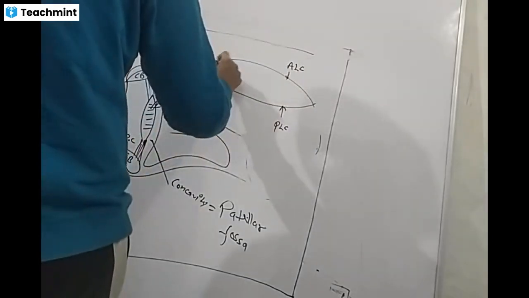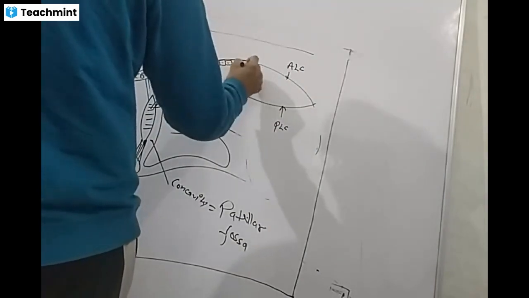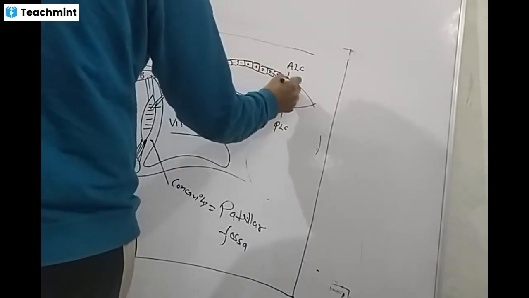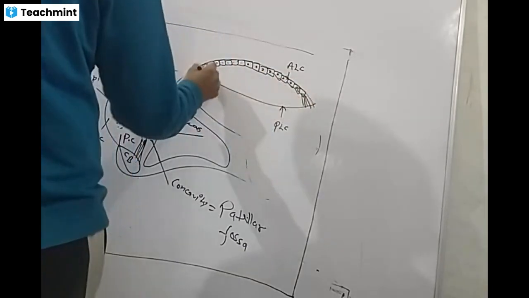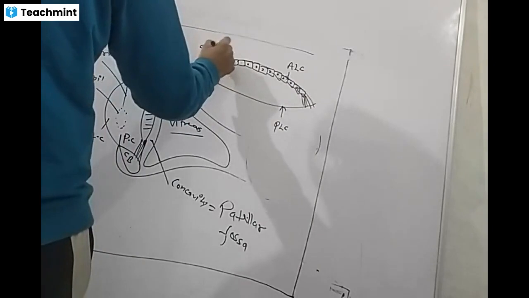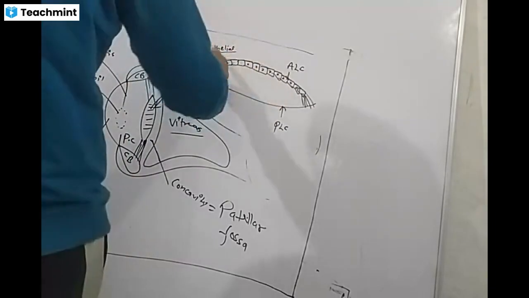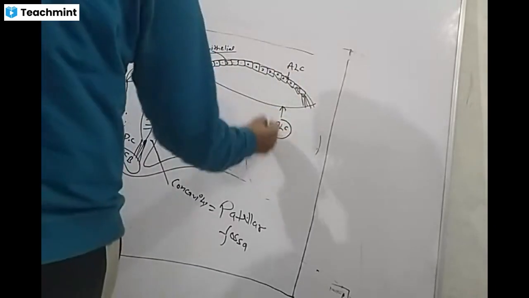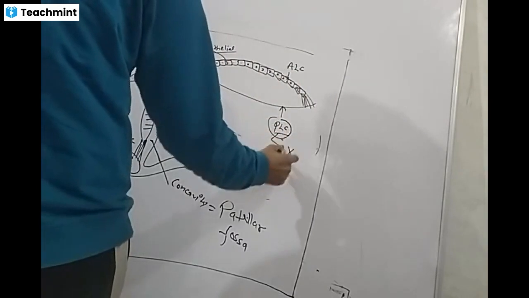Just beneath the anterior lens capsule, there is one layer of cells, which is known as epithelial layer. Epithelial layer is present below the anterior capsule. Below the posterior capsule, there is no epithelium.